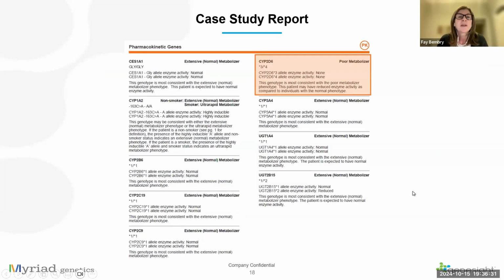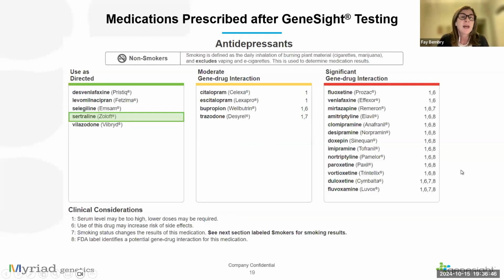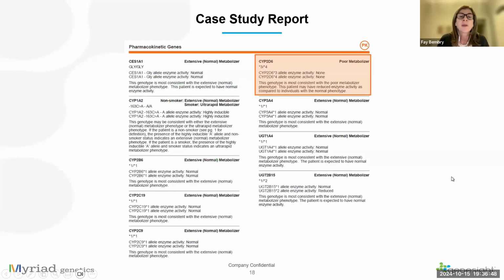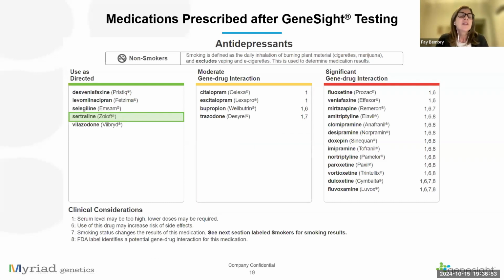Okay, next slide. And this patient also was a poor metabolizer of CYP2D6, as we previously noted. Many psychotropic medications go through this pathway, and medications in general. So you can go ahead to the next slide, thanks. So in this patient's case, we looked at, okay, let's try to address the anxiety and depression symptoms.